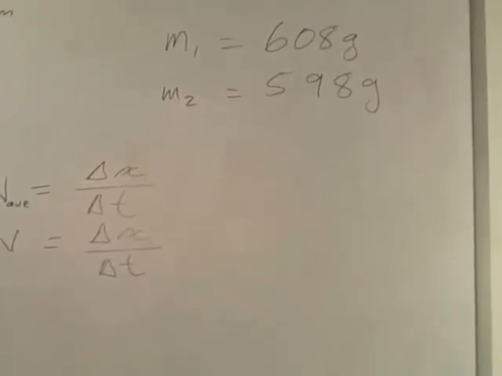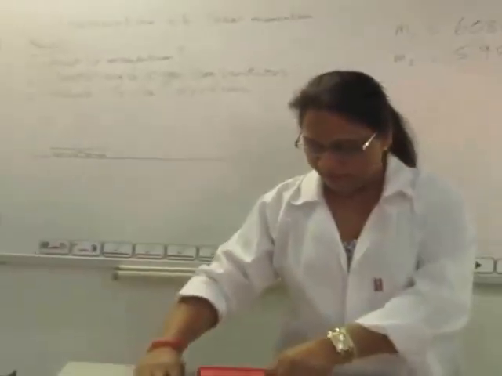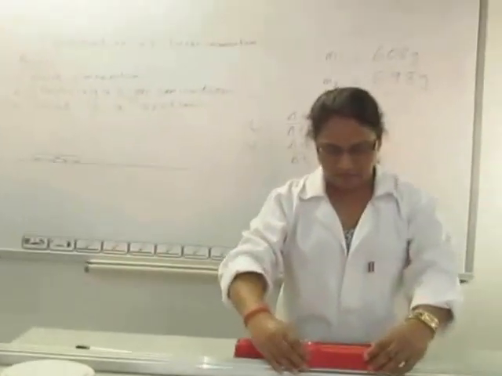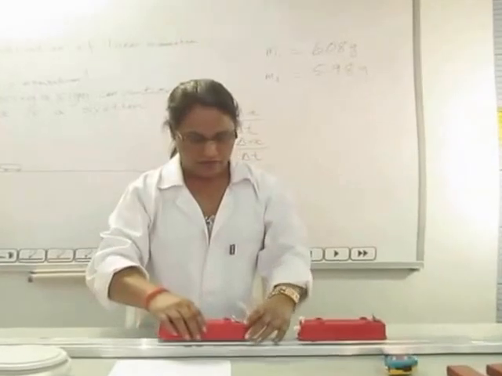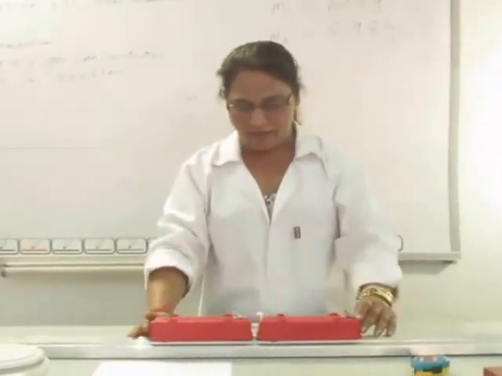Okay, we switch off the mass meter so that we save the battery life. Now I'm going to set the trolleys back in position, make sure that they're running freely on the track, and then we simulate the explosion.